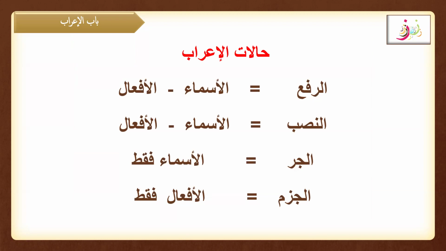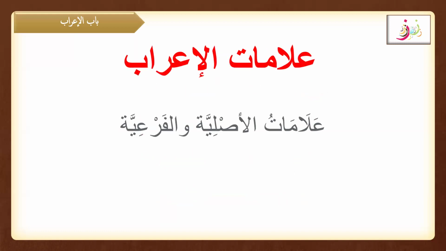Al-Jar is exclusive to asma, and al-Jazm is exclusive to afal. Then for alamat al-i'rab, we learned about alamat asliya and fariya in the baits we did today.